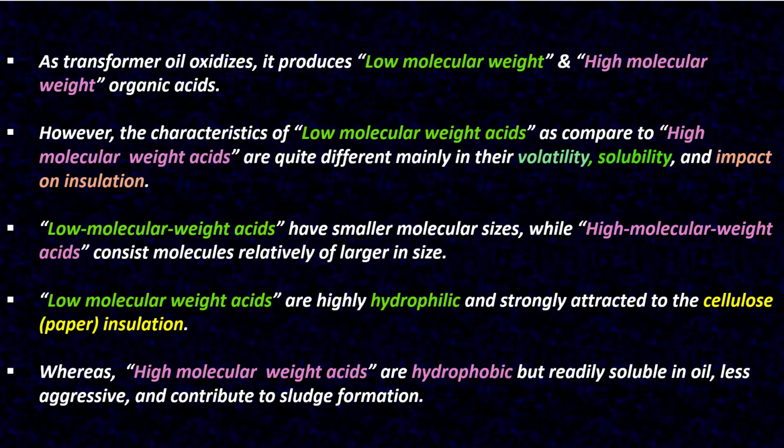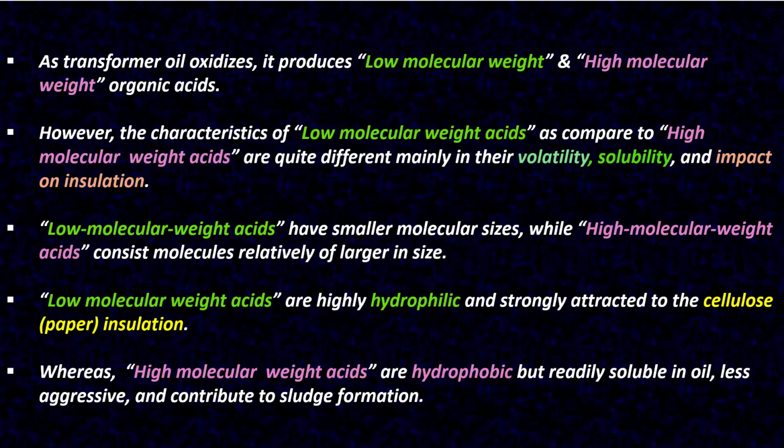However, the characteristics of low molecular weight acids compared to high molecular weight acids are quite different, mainly in their volatility, solubility, and impact on insulation. Low molecular weight acids have smaller molecular sizes, while high molecular weight acids consist of relatively larger molecules.